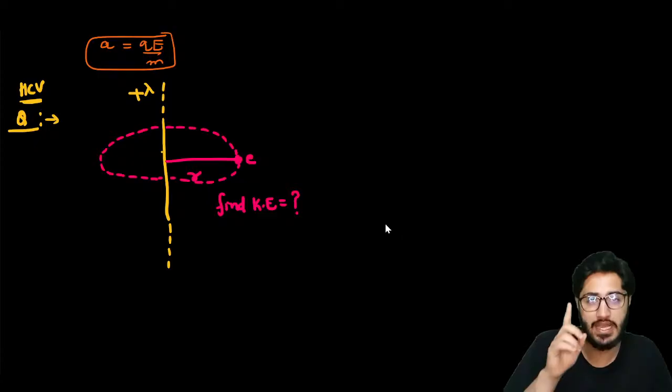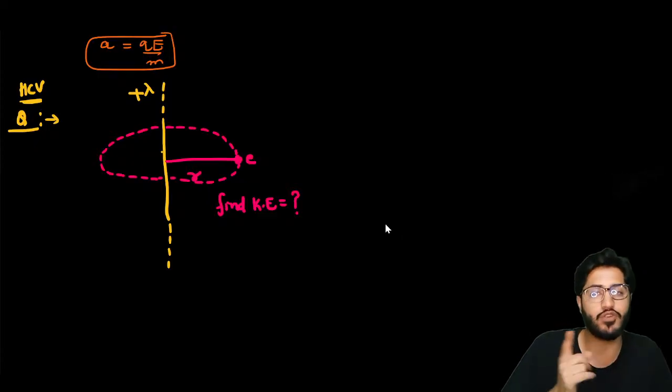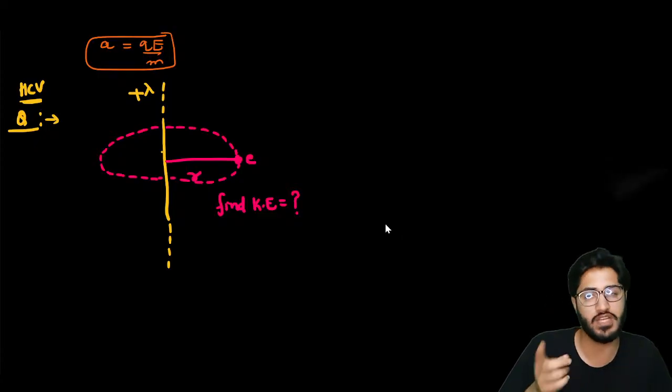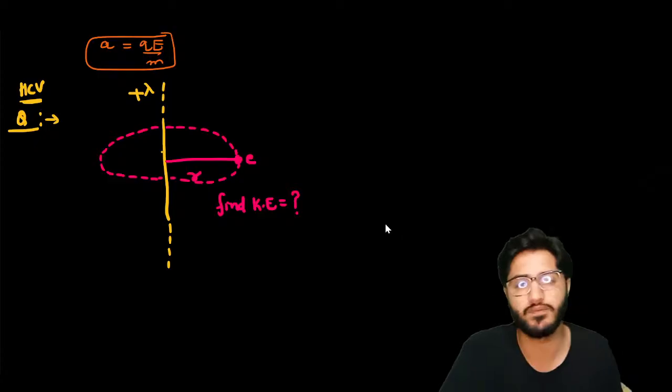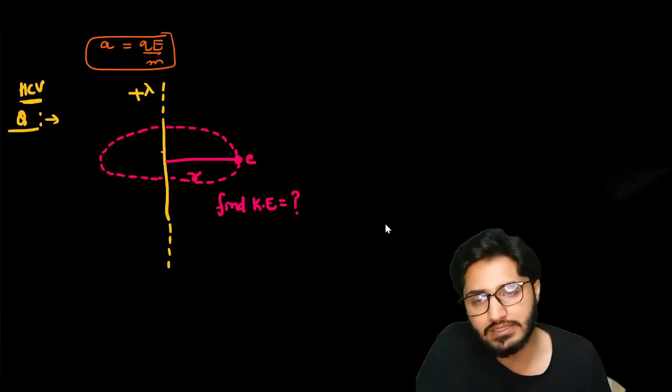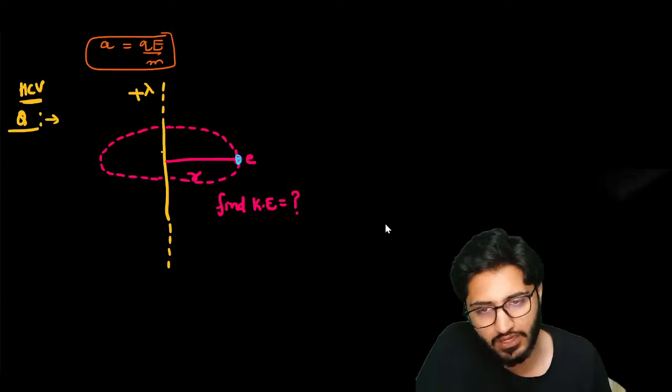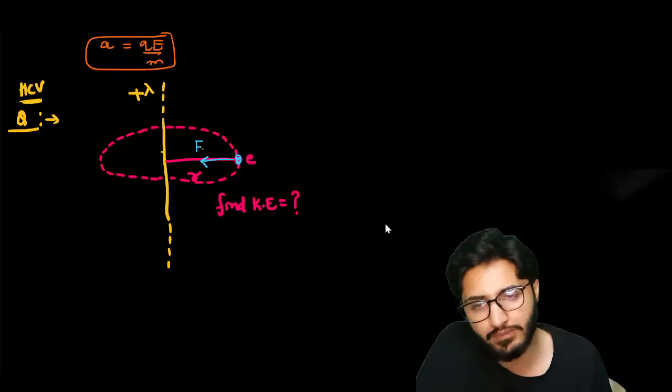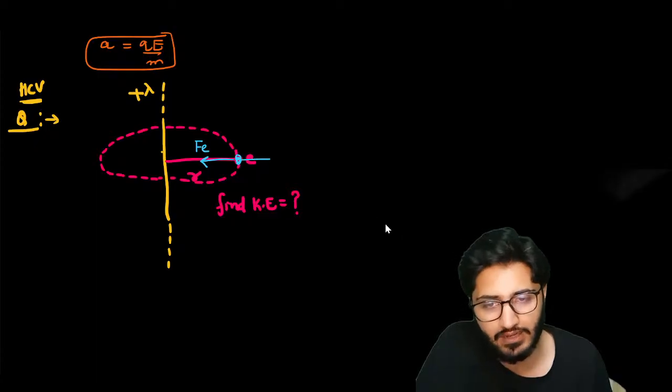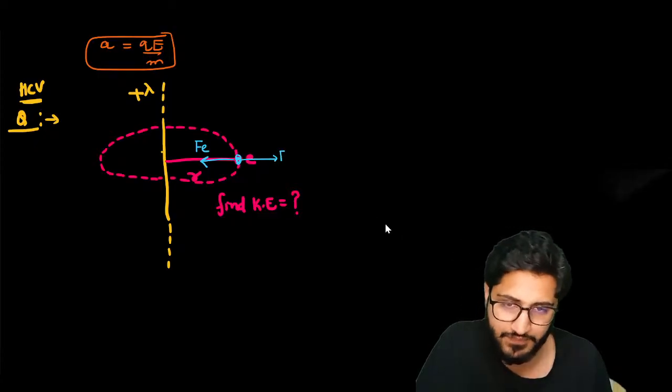M omega square r we can use where we need to find the time period. If you want to find velocity, I will write mv square by r. Look here, this is the positive rod and this is my electron. So my electric force will be like this, and my centripetal force will be like that.